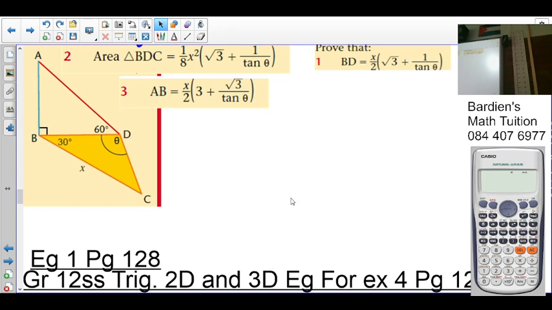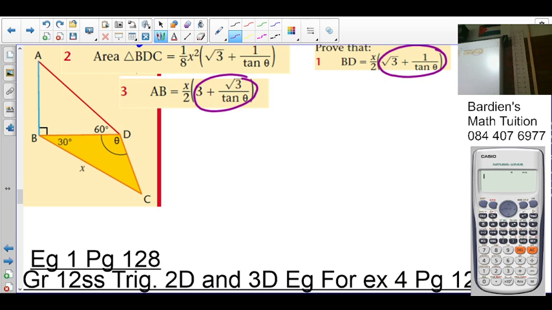What we notice again, people, is that there is a root 3 that's multiplied throughout that bracket there, and then we got x over 2. So again there's a link between number 1 and number 3. Can you see it? You do see it.